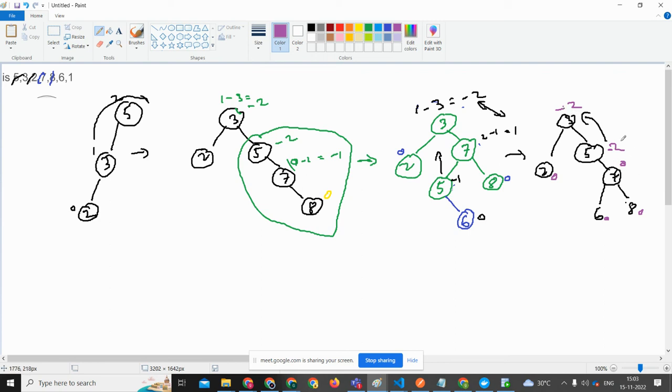When you have same sign, you just do the other one. So left rotation: 5 goes up, 3 comes down, then 2 and 7, 6, 8.